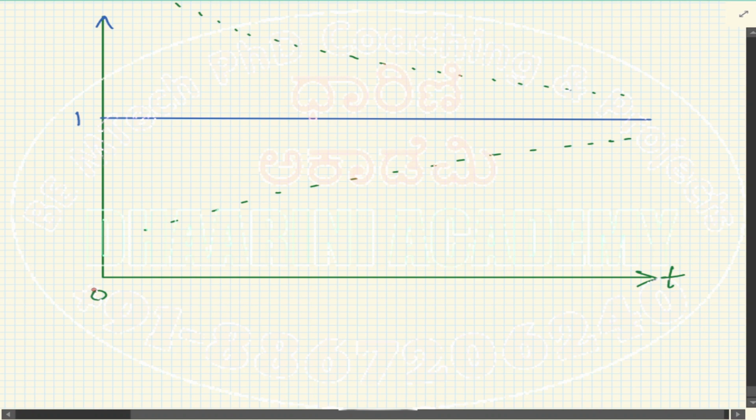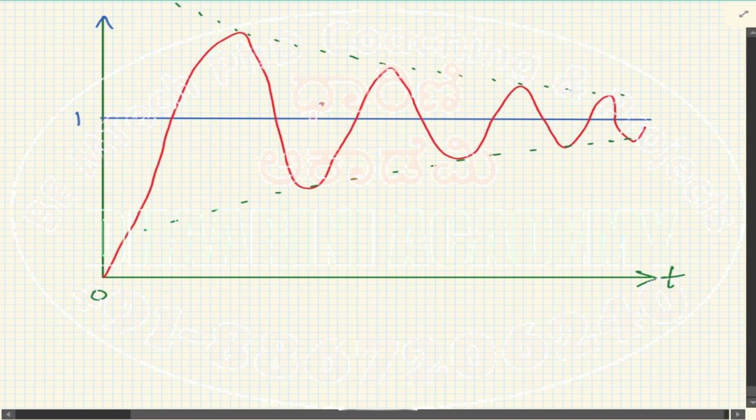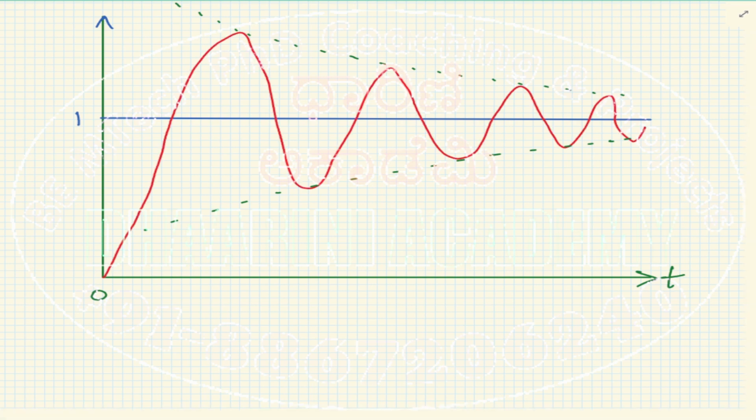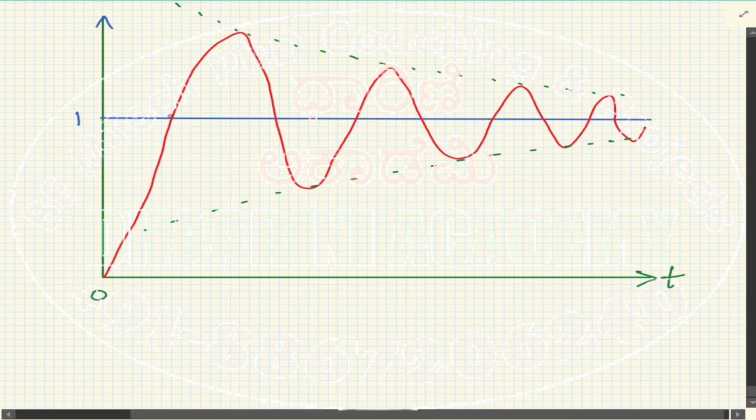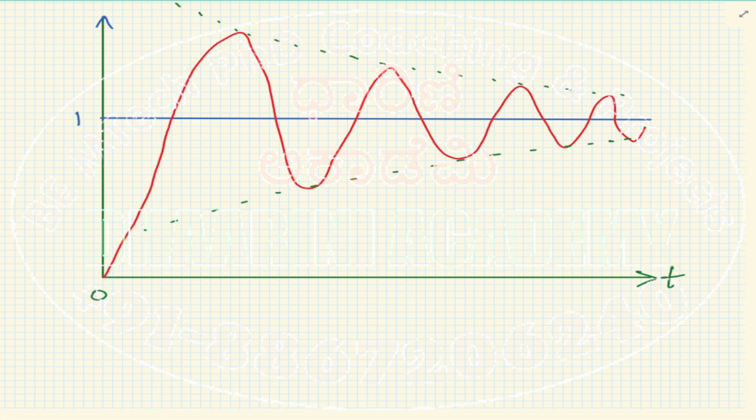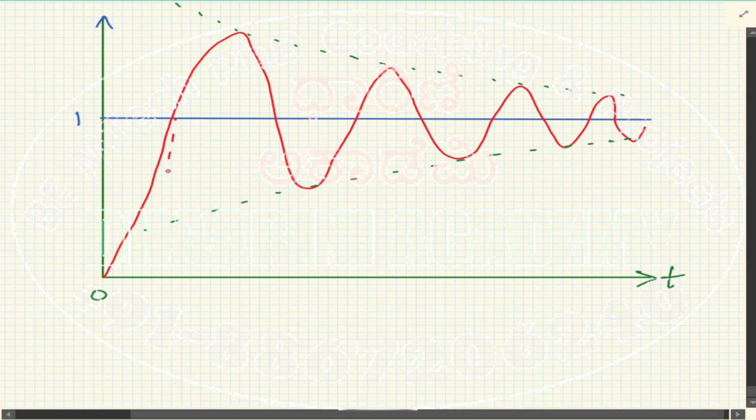This is your response. It begins from here, it goes like this, comes down, it's a sine wave. So this is the response of this, right? Now we have to measure something from these graphs. The first time it is crossing that final value is called the rise time, TR.